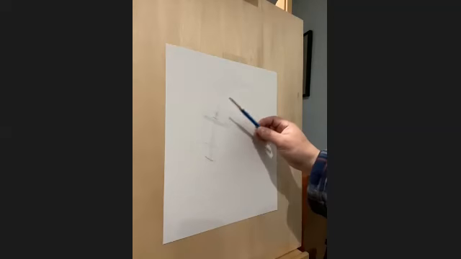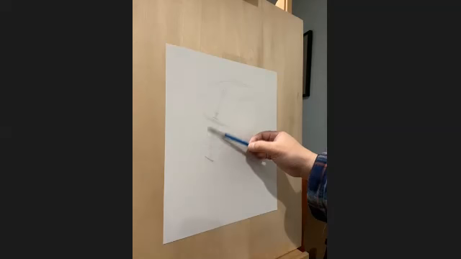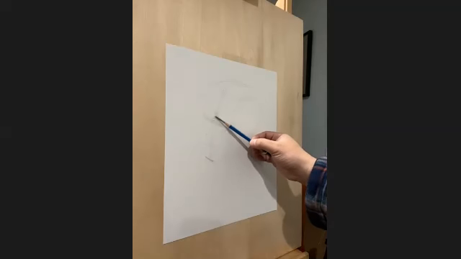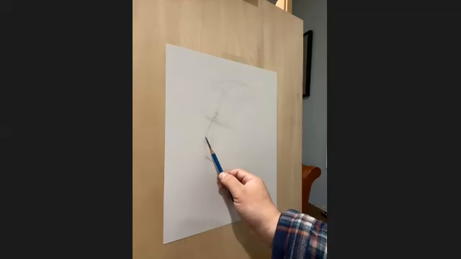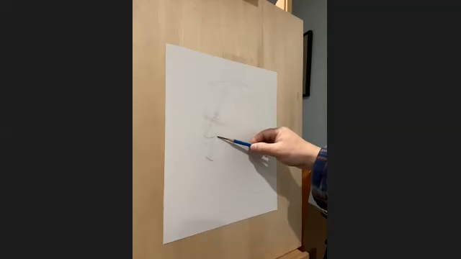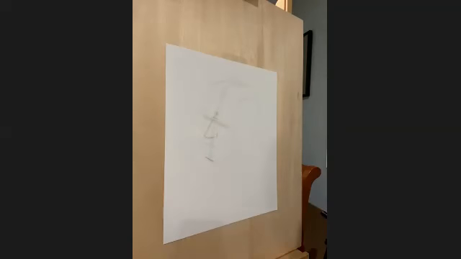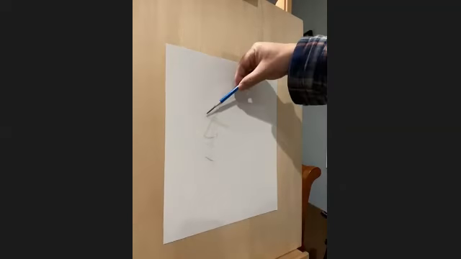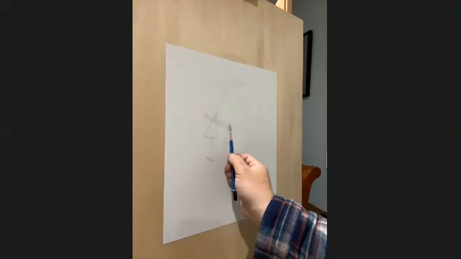After that, we can define the shape for the nose. You know that because the nose is sticking out, it's a triangular shape, so we can draw the nose sticking out. Then we can draw the shape for the eyebrow.